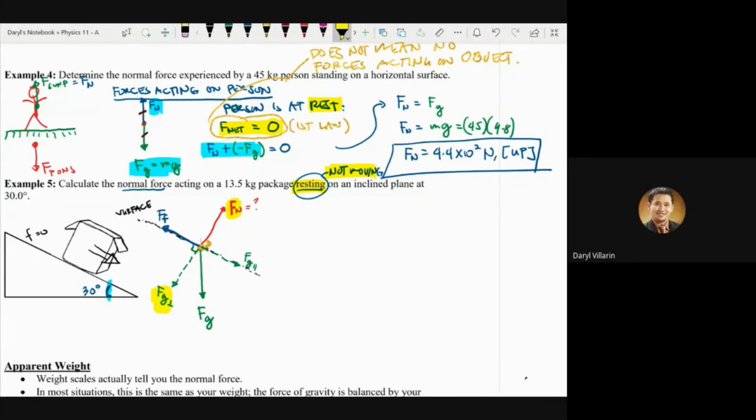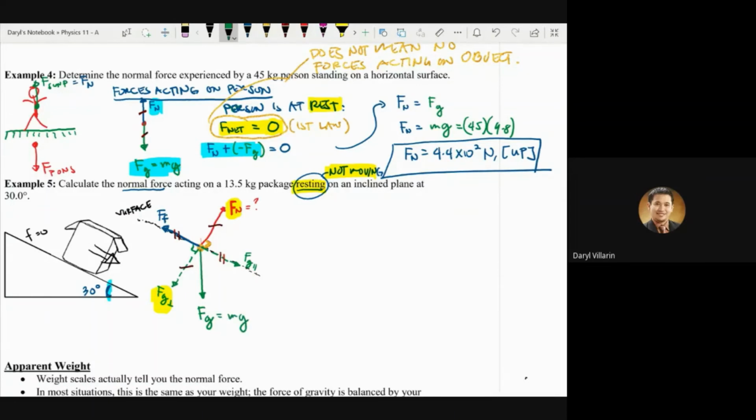And actually, since this is not moving, I would say that the magnitude of the normal force is just equivalent to the magnitude of this, as well as the magnitude of the friction is the same as the magnitude of my parallel force.